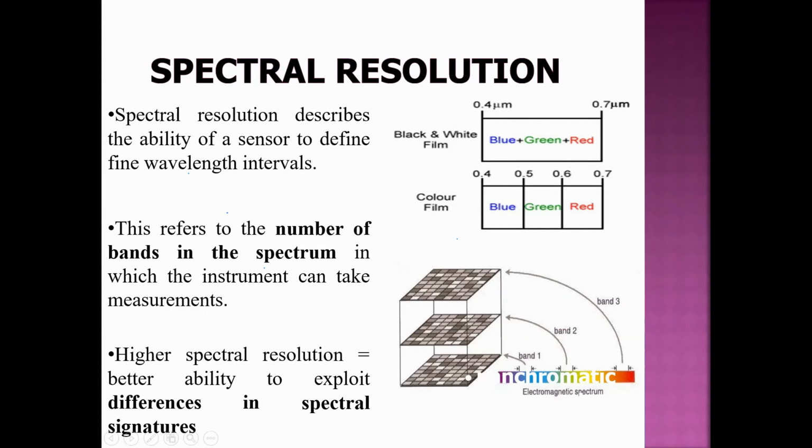Why? Here you see, for example, there are 2 types of sensors. In the first sensor, there is a combination of blue, green, and red in the same proportion. So when this satellite senses the data from the combination of blue, green, and red in equal proportion, it will give only a black or white field.